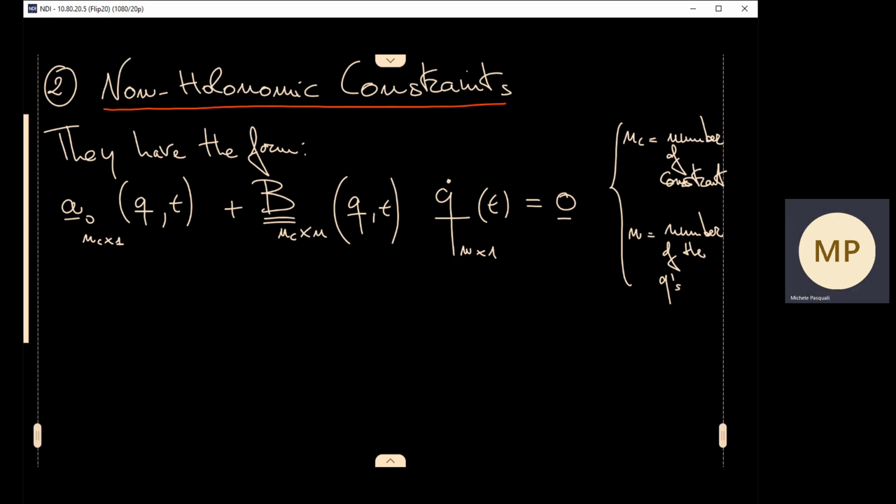We will not treat those kinds of systems in this course, but for those of you who wonder, in that case, you cannot use this simple form for the constraints, but you have to derive them up to the acceleration form, hoping that you will have a linear form in the acceleration. But that's another story.